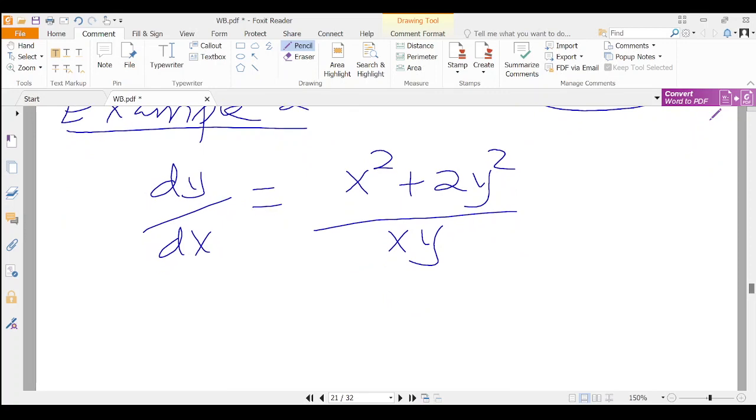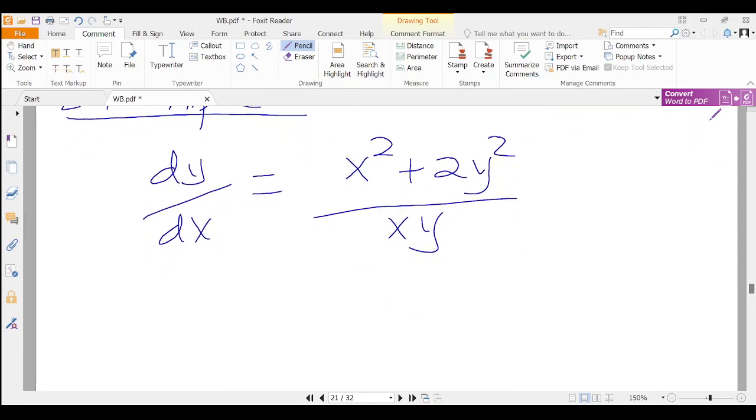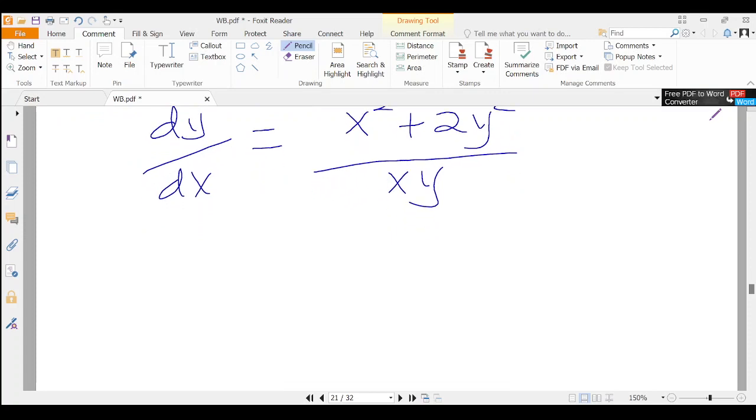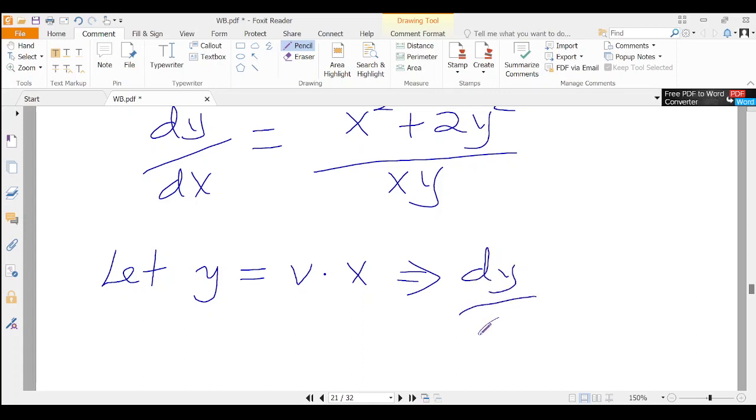This means that the differential equation is homogeneous of degree 2. Once we establish that the differential equation is homogeneous, then we can use the transformation y is equal to v times x, which implies that dy by dx is equal to v plus x dv/dx. So we substitute these two.